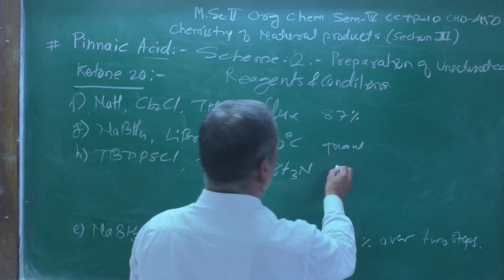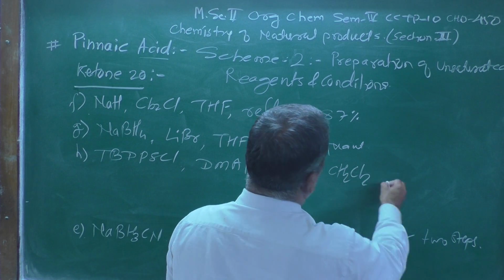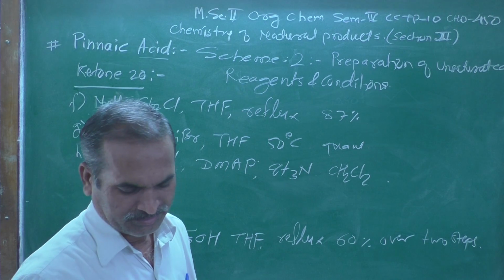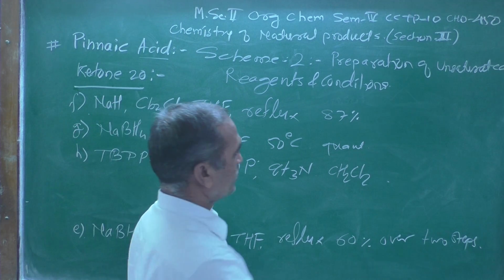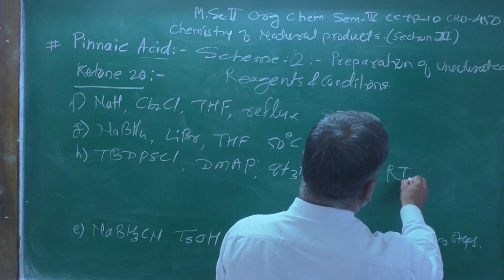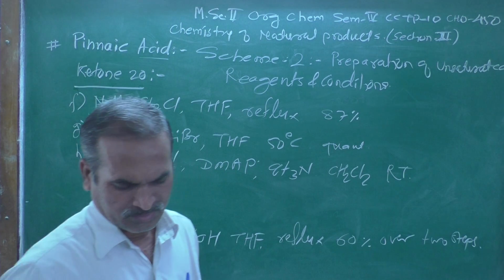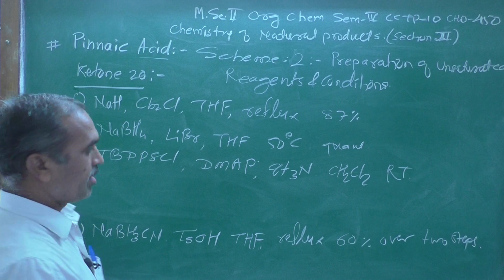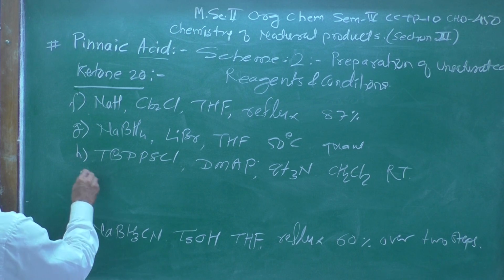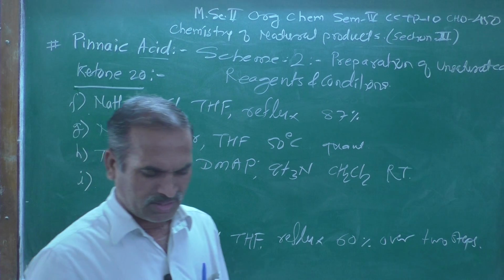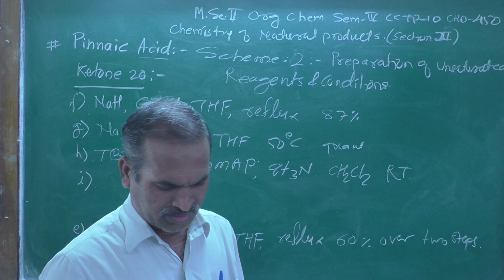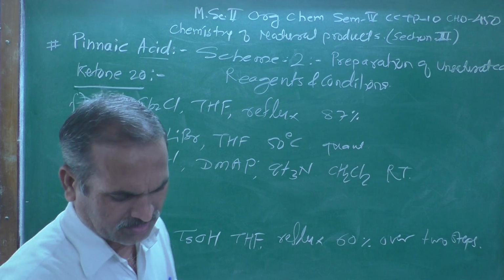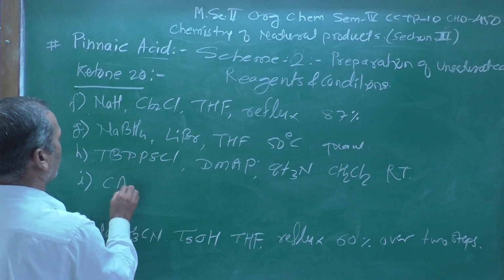The solvent used is CH2Cl2, dichloromethane, at room temperature. The next reagent they have used is I reagent, and I reagent is nothing but CAN.